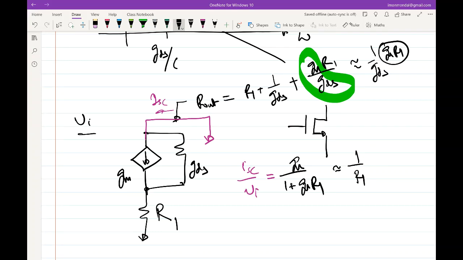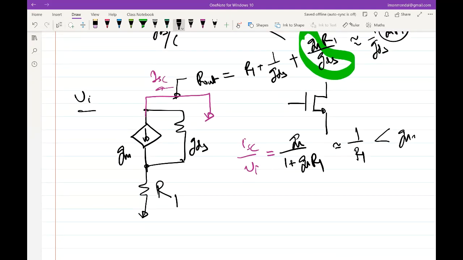Okay. So as you see, this is obviously less than GM, because we initially assumed that GM R1 is greater than 1. So if we just add a resistor R1 where we have added it here, we are able to increase the output resistance, but at the cost of reducing the GM, right? So what is the intrinsic gain now? Let me call the effective transconductance capital GM.